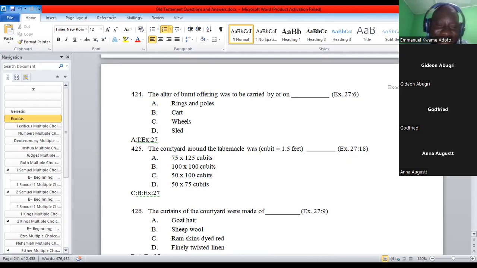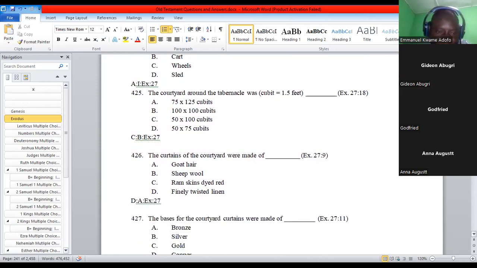The curtains of the courtyard were made of what? Verse 9. Finely twisted linen.